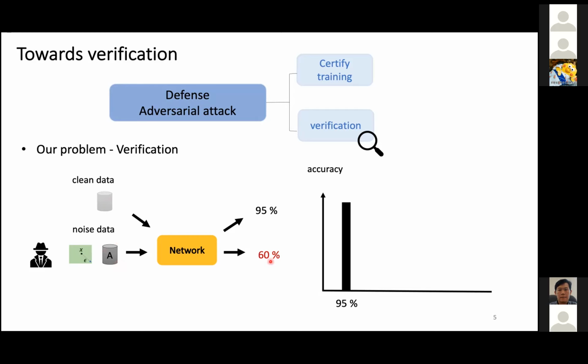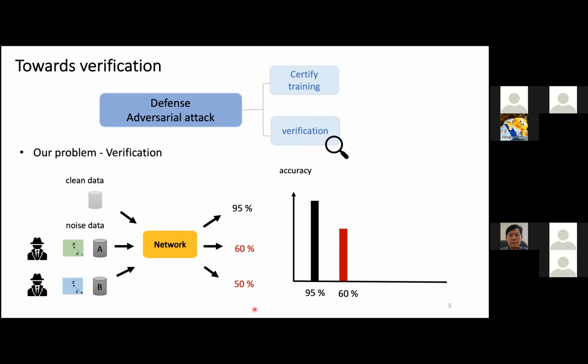And this time we can see the accuracy drops to 60%. So there may exist another attacker, attacker B. He also wants to hit the network, and this time we can see the accuracy drops to 50%. And there are so many attackers, C, D, F, in the real world who want to hit the network.